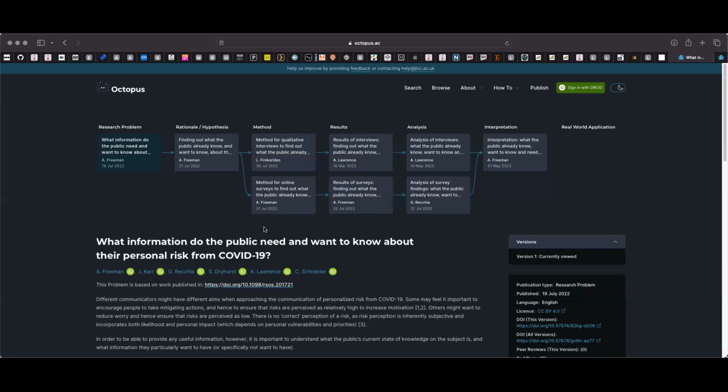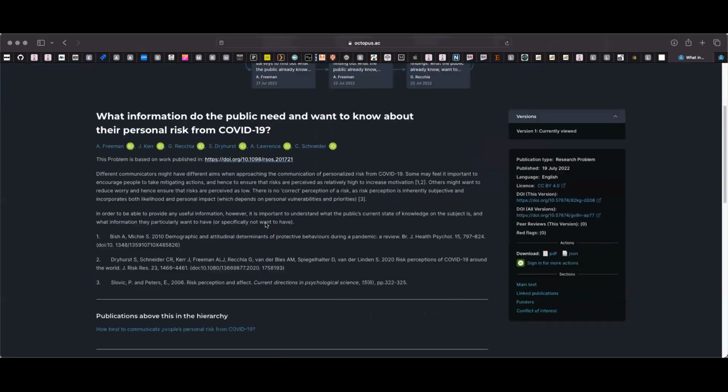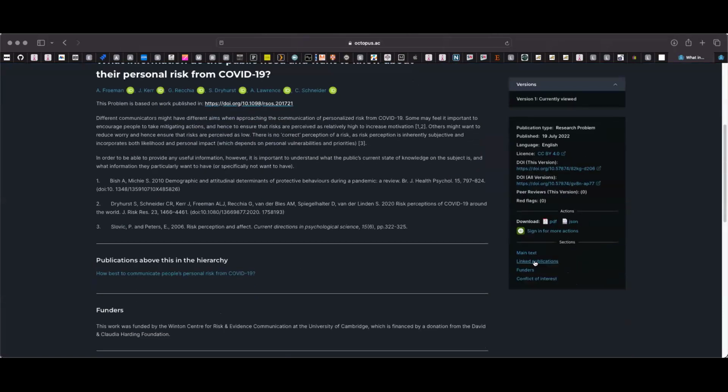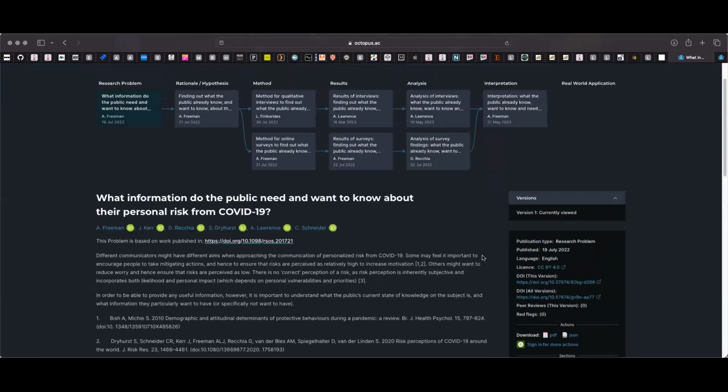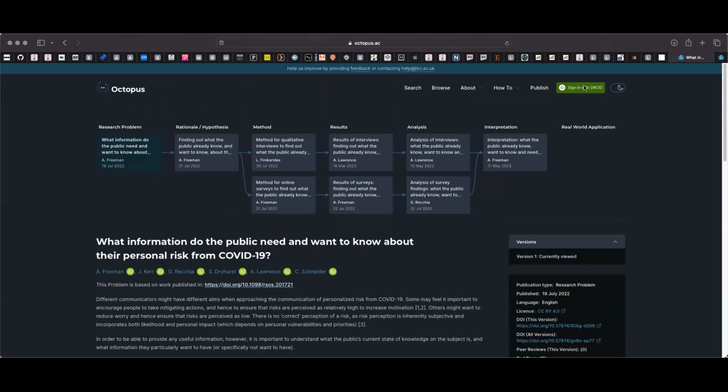But all the researcher really needs to do is hit a little option that we have down the page to write a linked publication, which will let you build on the back of the work that's already here. It obviously gives credit to the authors of the original publication, but it takes it out into a new direction.